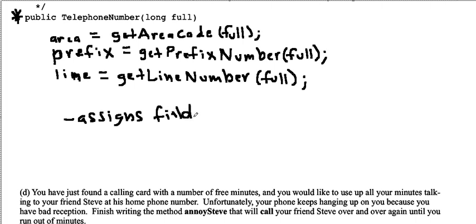That's the job of a constructor. Don't forget that. So at worst, write the field names here in equals, and then see if you can figure out what you need to assign them to. You would have lost points if you had redone all the calculations for what the area code should be based on this field, like full divided by 10 million again, because they want you to demonstrate that you know how to call a method.